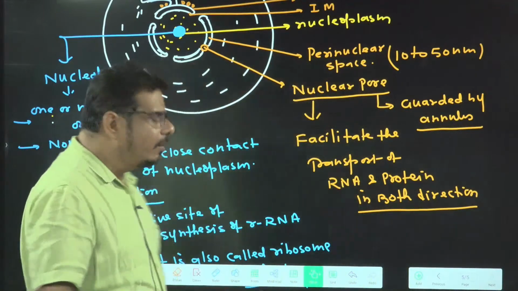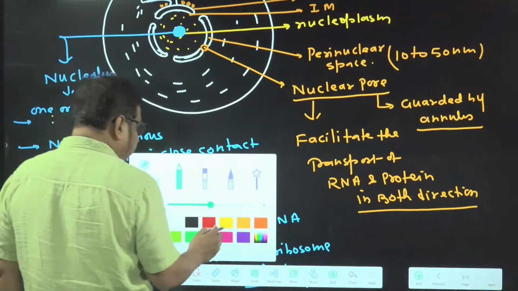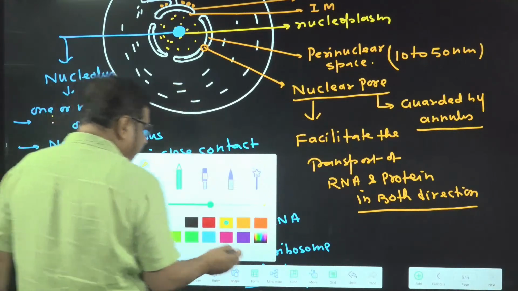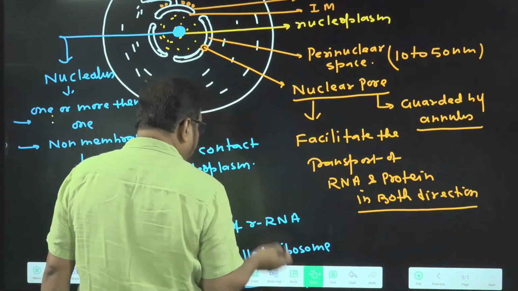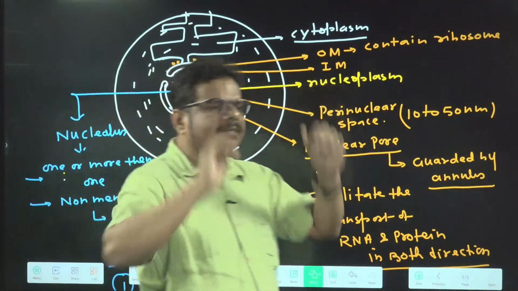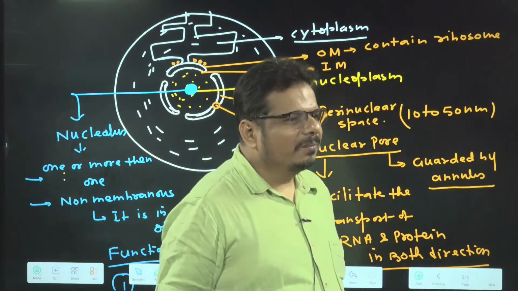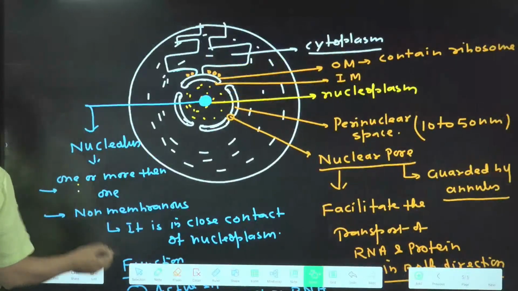Now inside the nucleoplasm, especially when we are talking about the nucleus, which nucleus are we talking about? Nucleus in interphase stage. So we are discussing the structure of an interphasic nucleus.